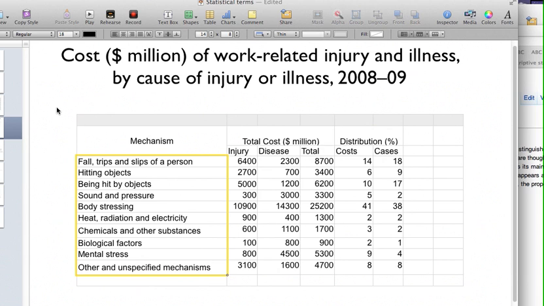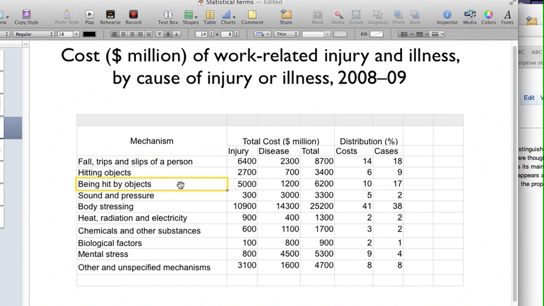Now, the first thing you see when you see this data is that you've got to be able to understand what these mechanisms are to make any real sense out of them. Falls, trips and slips are probably the most obvious ones. Hitting objects, I'm not sure what that means.